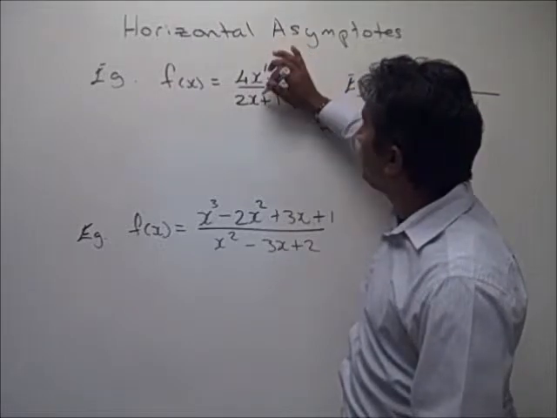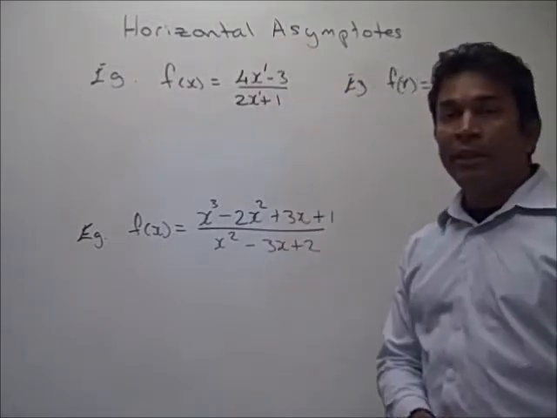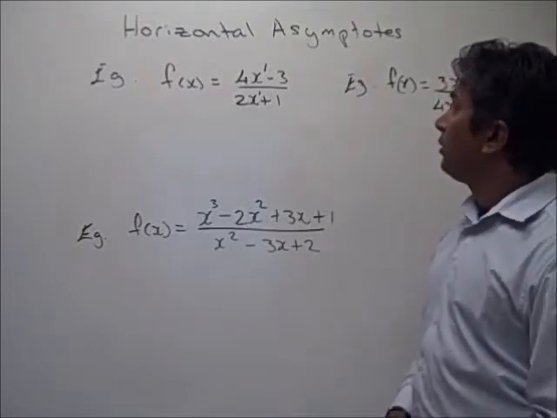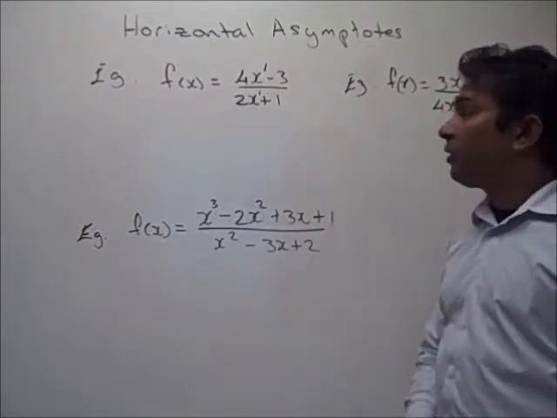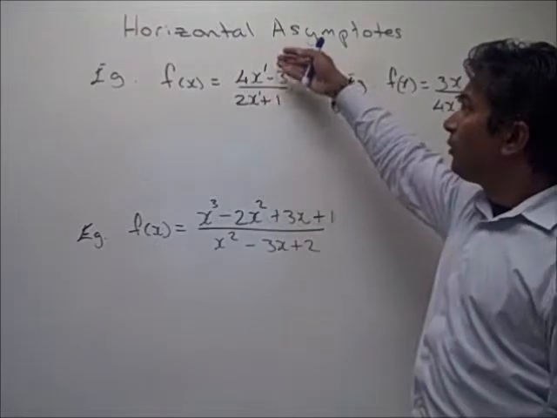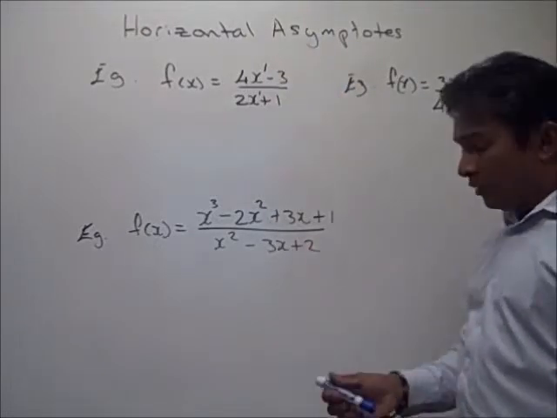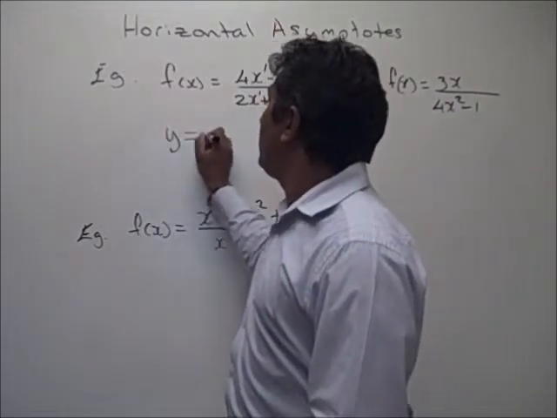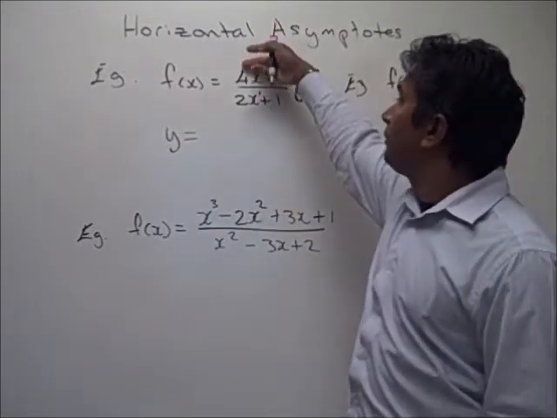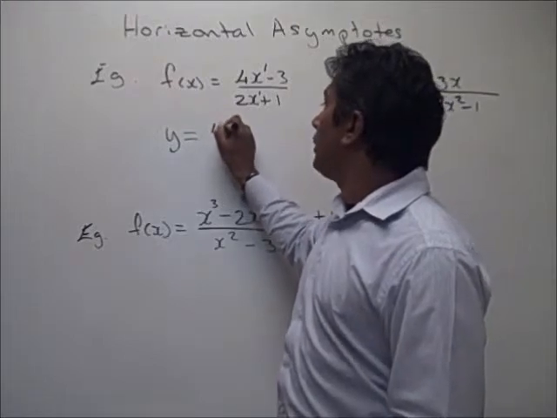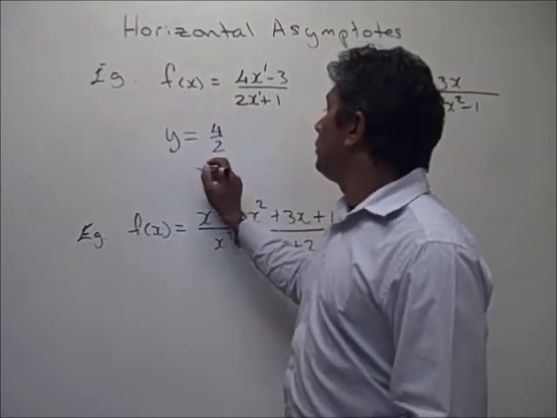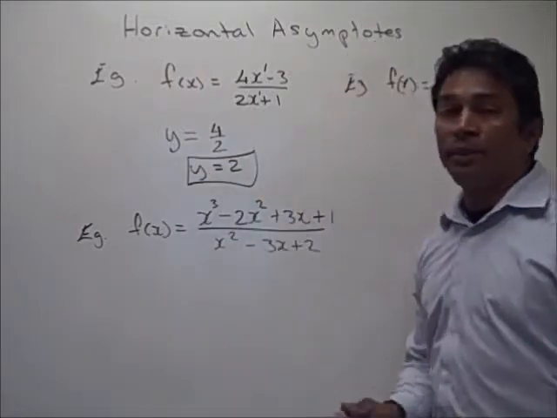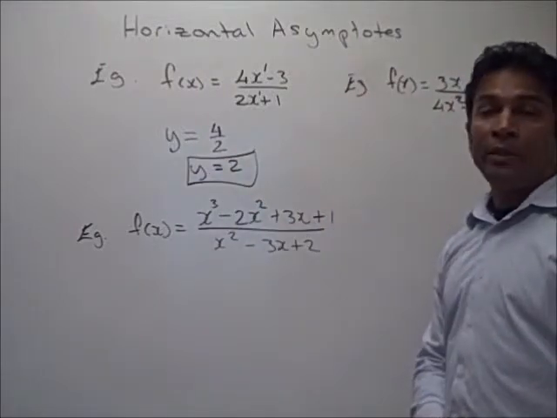The degree on the numerator is 1, and the degree on the denominator is also 1. That means the degrees are the same. Then our horizontal asymptote is y is equal to a over b, or in this case 4 over 2. So y is equal to 2.